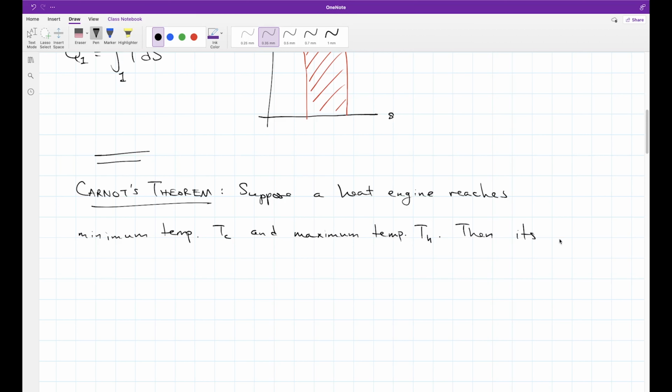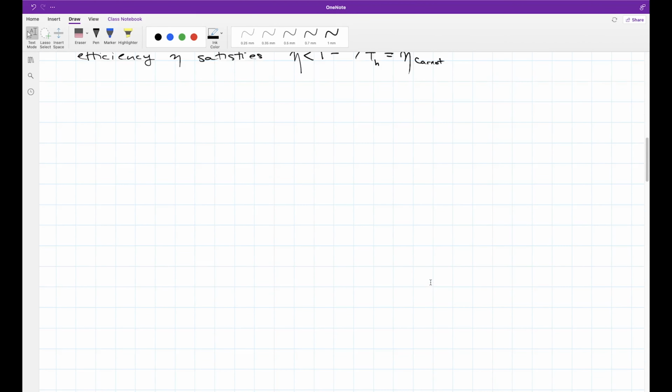Then its efficiency, which we'll call eta, satisfies eta is less than or equal to 1 minus Tc over Th, which we know is equal to eta for the Carnot cycle. Good. Let's draw that out in a figure.